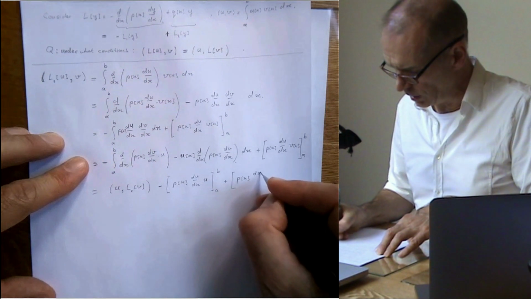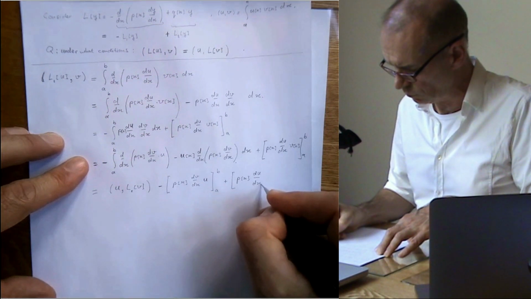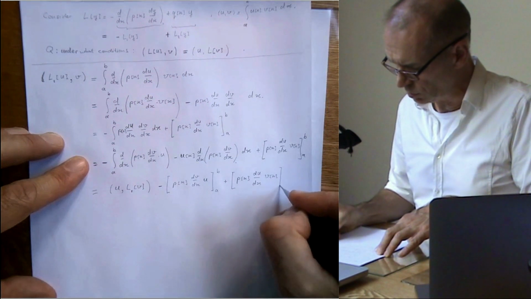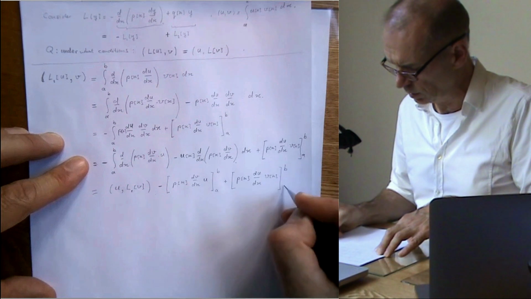And this was the u dx times v(x). Substitute the boundaries B and A.